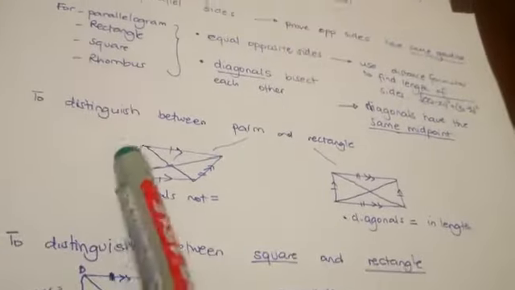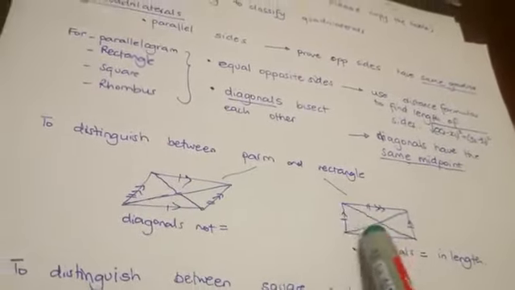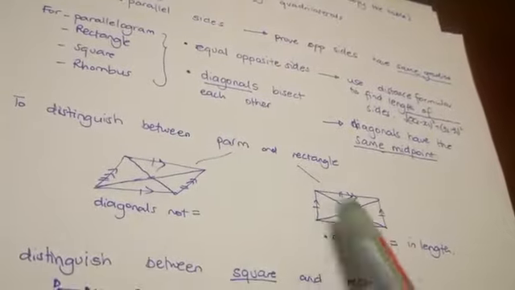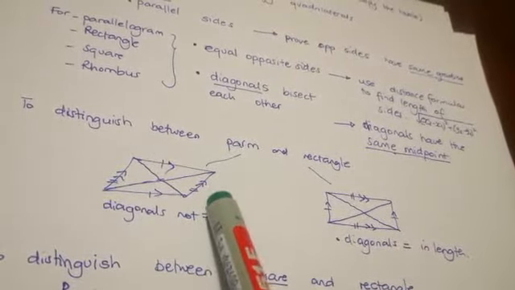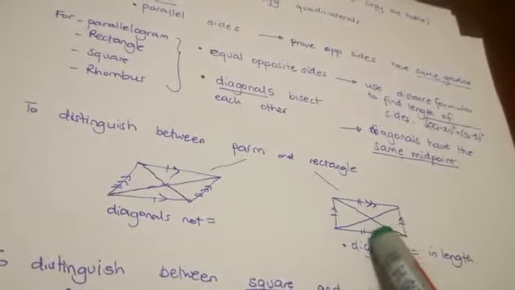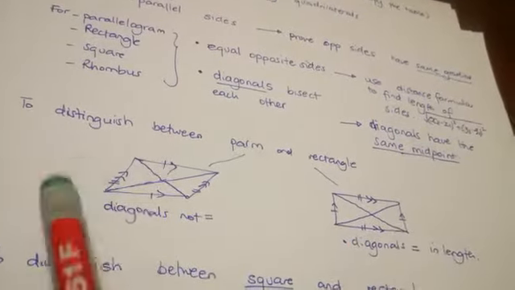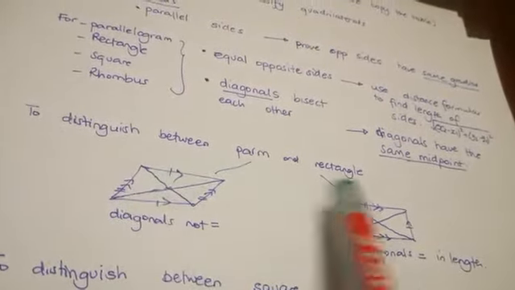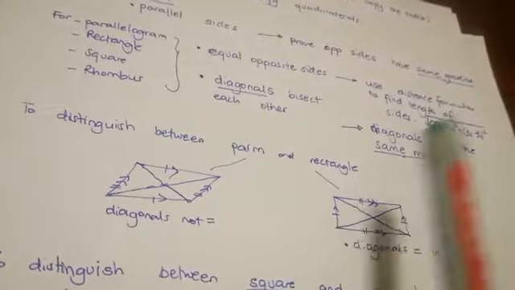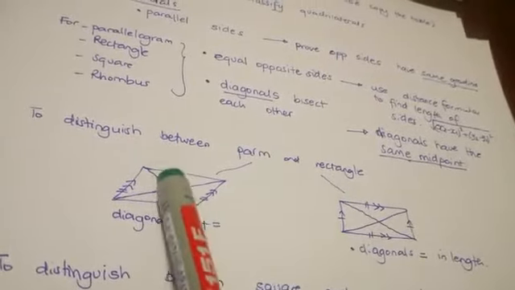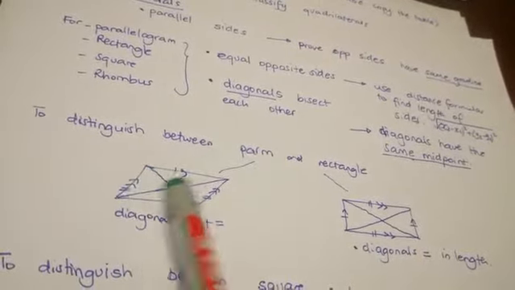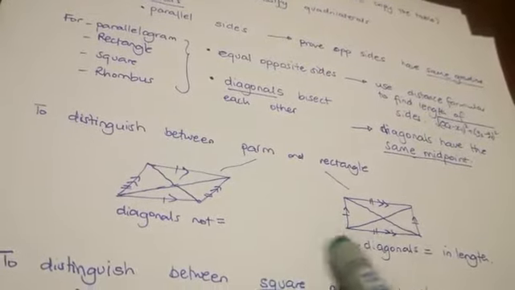Now, sometimes you're asked to distinguish between the two. Remember that a parallelogram is a slanted rectangle, so it will have almost all the properties of a rectangle. Two sides are equal to each other but longer than the other two sides that are also equal.